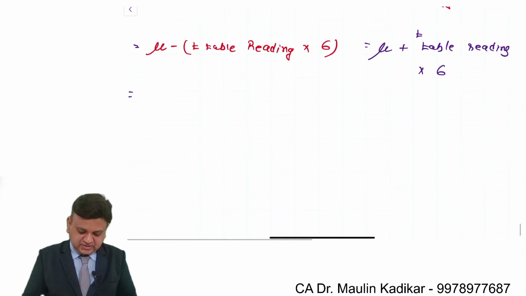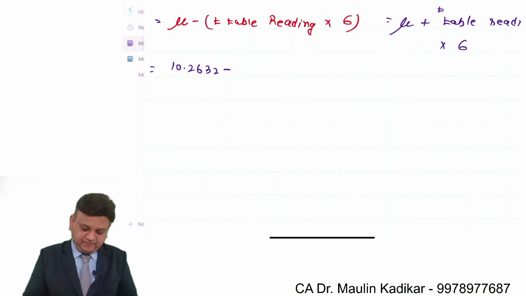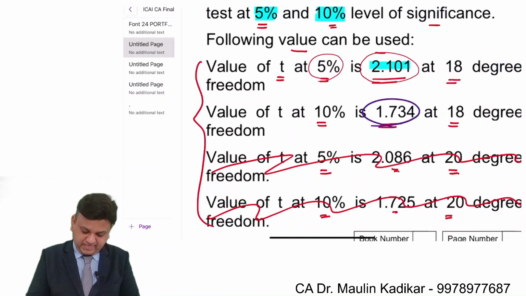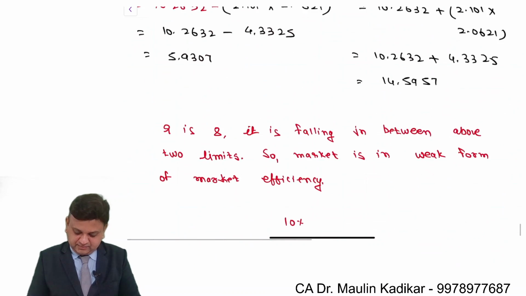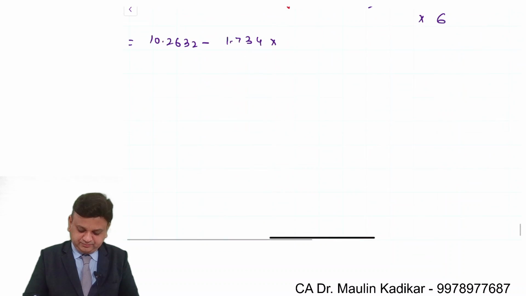The value of the mu is 10.2632 minus t table reading. Now that value will be 1.734, multiplied with the standard deviation, 2.0621.